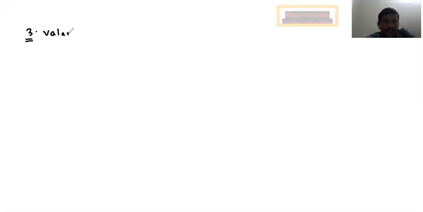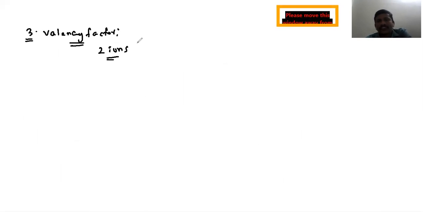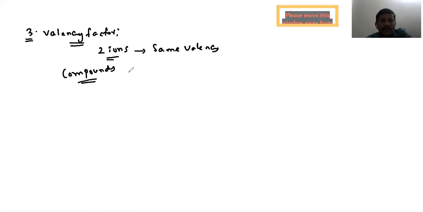Next, the third one is the valency factor. The two ions must have the same valency. Otherwise, if they have different valency, there is a chance of formation of compounds, and thus we get different phases.